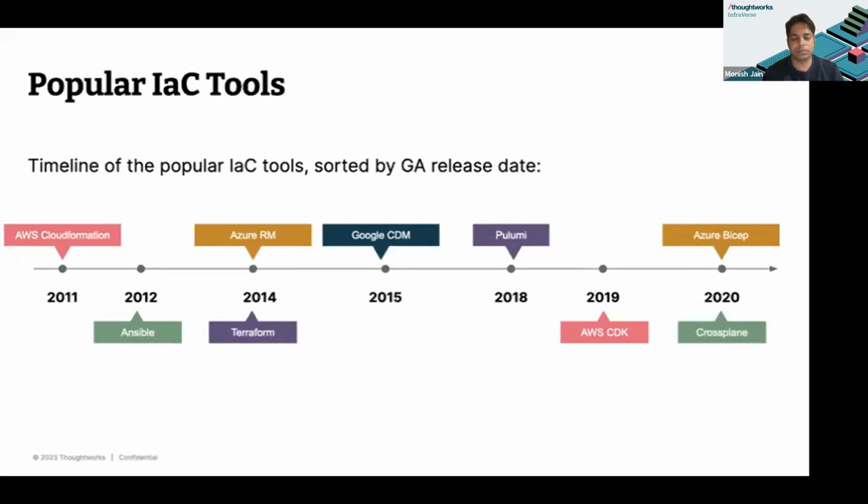And then other tools came like Pulumi, Crossplane, Azure Bicep. This is not the full exhaustive list. It covers some of the more popular tools in the market. There could be many others which are providing IAC.